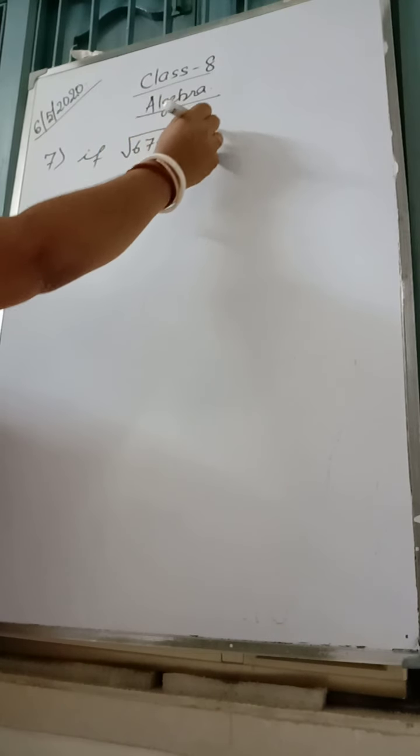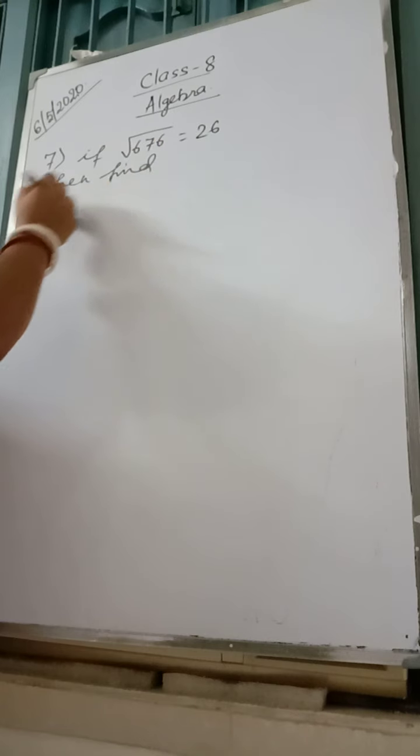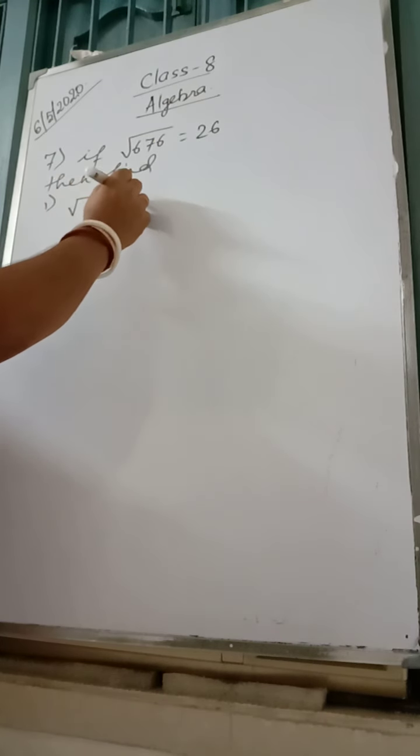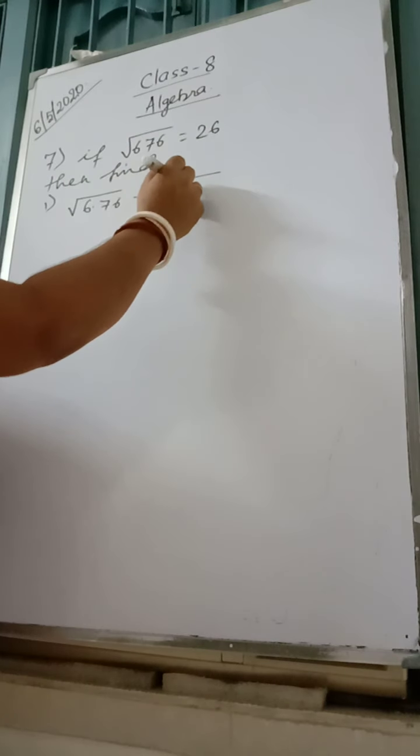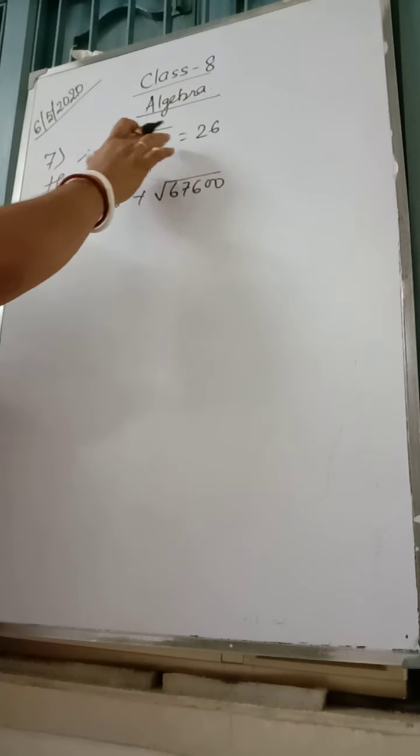If under root 676 is 26, then find the first question they have asked: under root 6.76 plus under root 67600. Clear? Now, these both have to be written in this way.